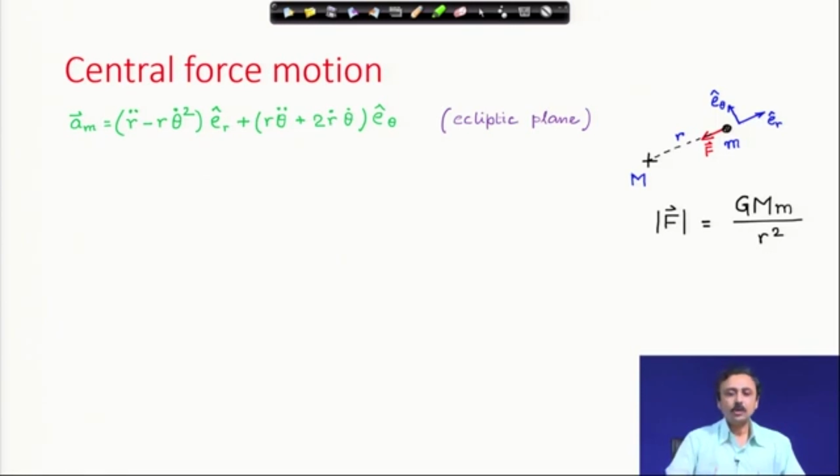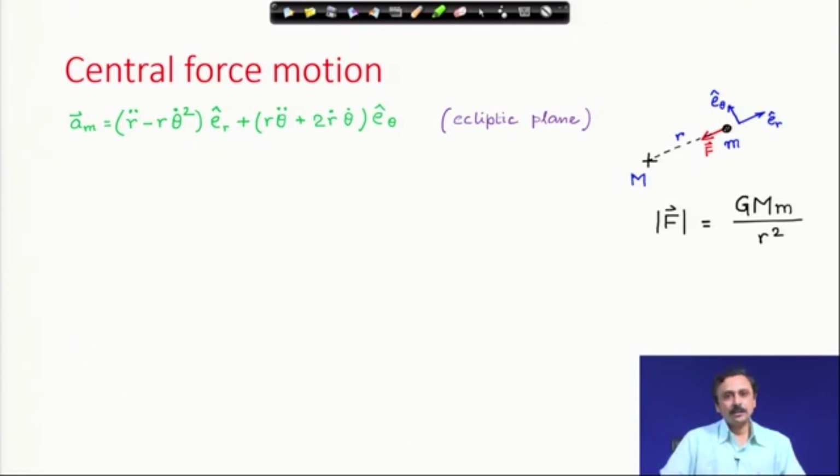This plane is called the ecliptic plane, or simply the ecliptic. So, Earth has this ecliptic plane, which has the Earth, the Sun, and the total path of Earth around the Sun. Everything is on that ecliptic plane.